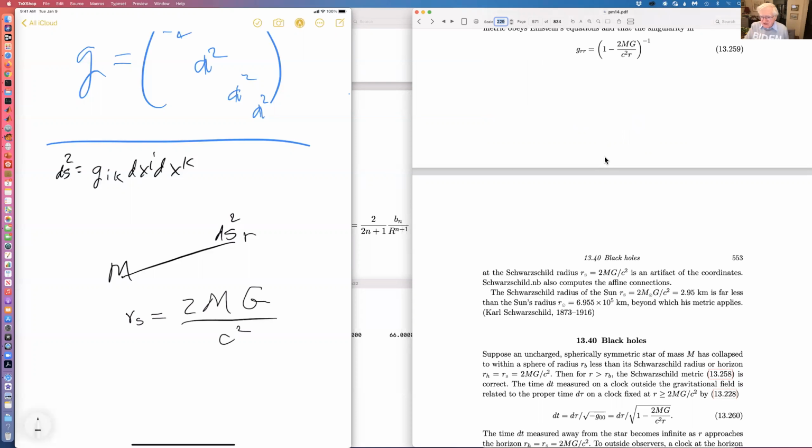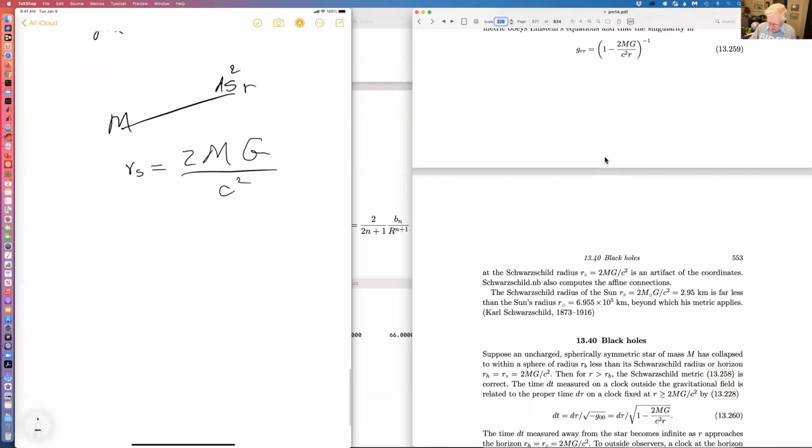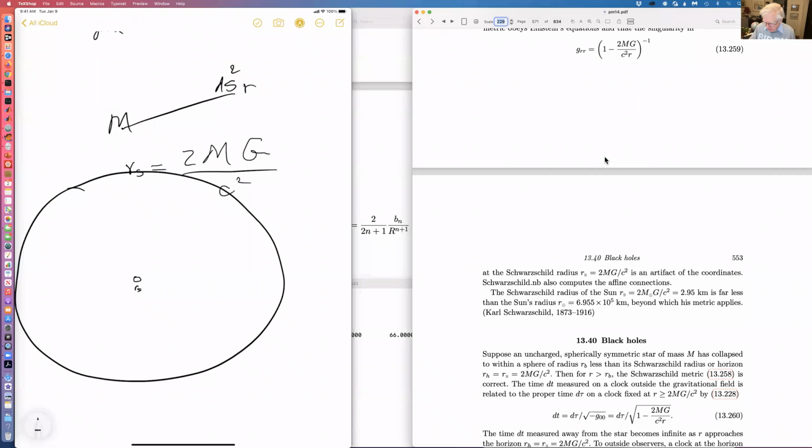For the case of the sun, this is just about 3 kilometers, whereas the sun's radius is 700,000 kilometers. So in the case of the sun, you've got this tiny Schwarzschild radius, and if I did this to scale, you couldn't see the Schwarzschild radius. It would be too small.